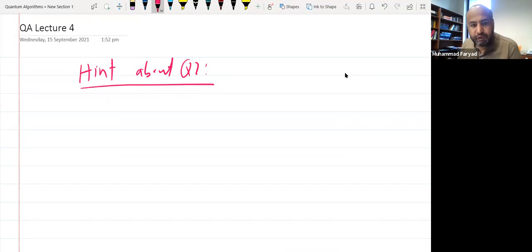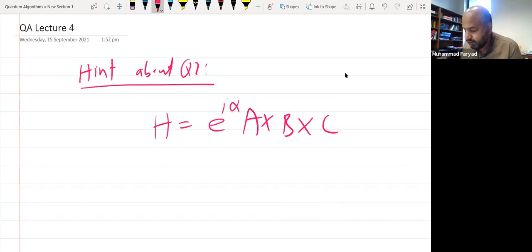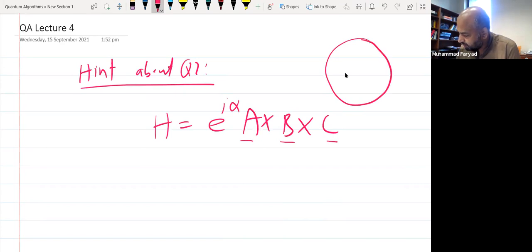about Q2. So you're supposed to show that Hadamard can be implemented with a construction like this. And you have to come up with matrices A, B, and C. This X is Xk. So the best way to think about this is actually thinking on the Bloch sphere.